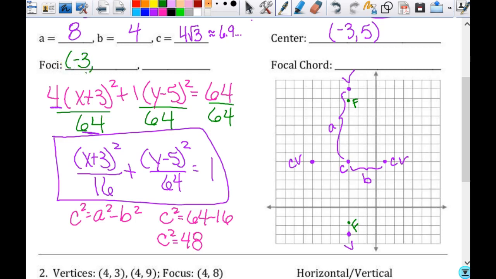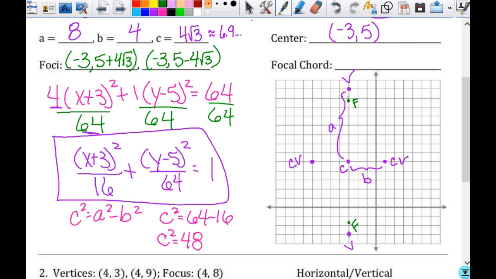And then it's 5 plus 4 square root of 3, and 5 minus 4 square root of 3. And I don't have to estimate that decimal because I counted the other way. But if you found those first, you might want to estimate that so you could go plot that point, but you can figure out about what it is from what you have.